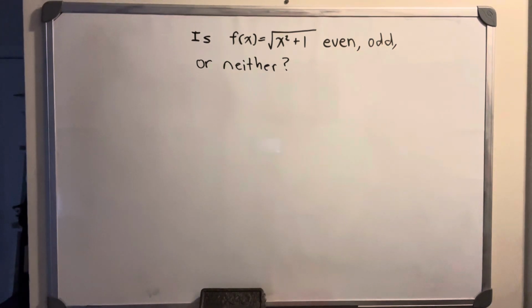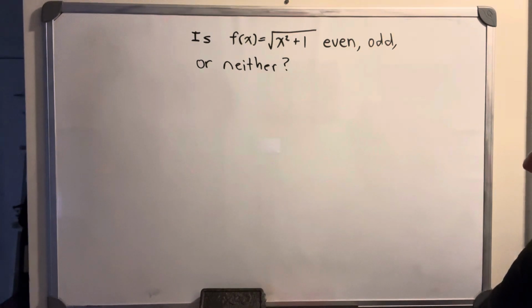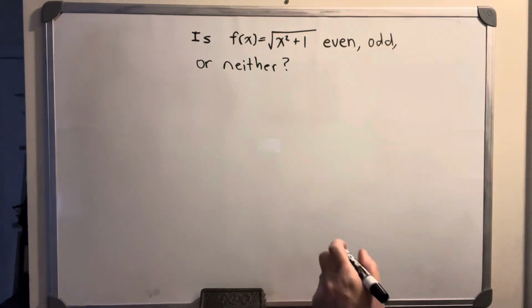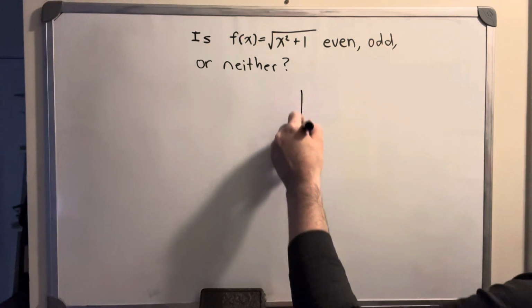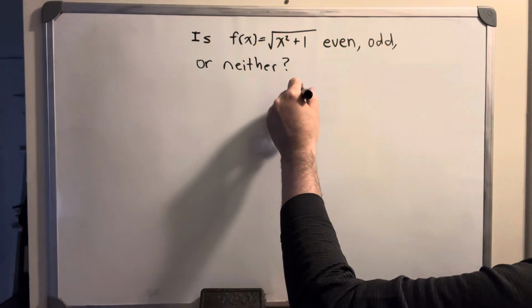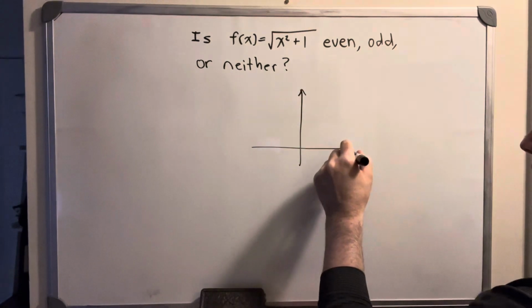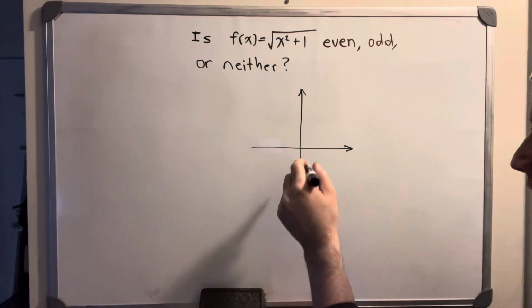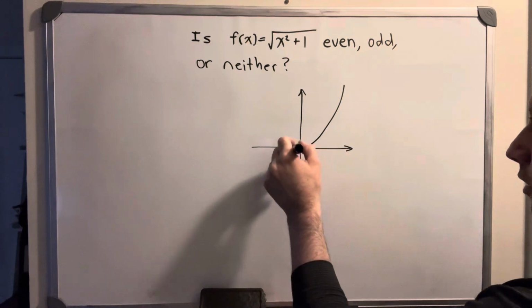And these are found in math textbooks, precalculus textbooks, algebra books. I'll give you an example and see if you can catch on to what the meaning of an even function is. Here's an example of an even function.